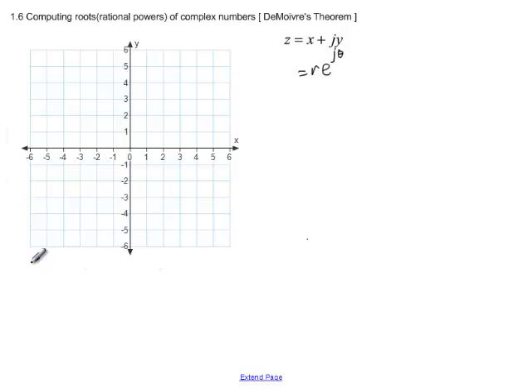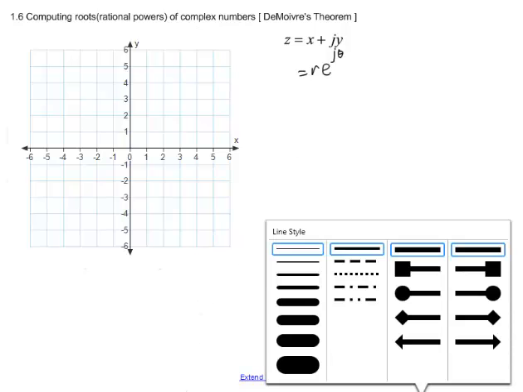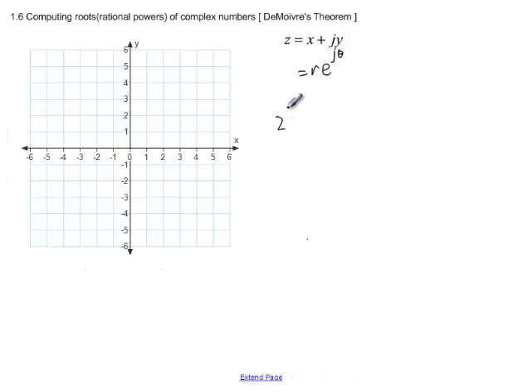Like with our real numbers, rational powers mean roots. If I say power 1 over n, that's the nth root. So if I say z to the power 1 over n, I'm actually saying r e^(j theta) to the power 1 over n, which is exactly the same kind of operation we did before.